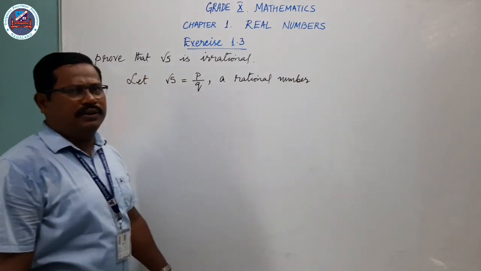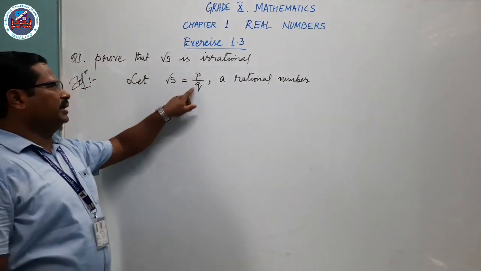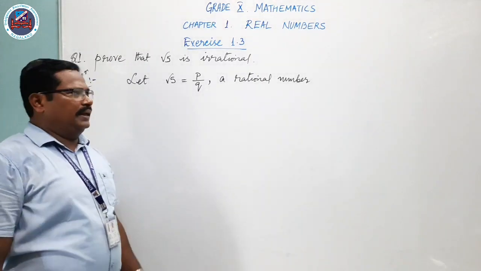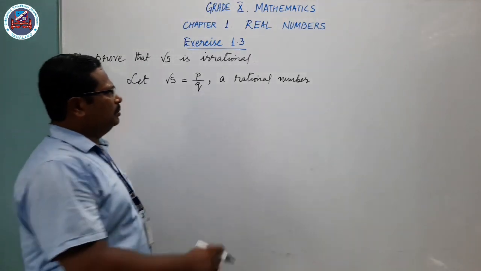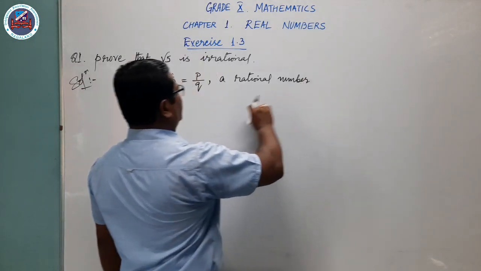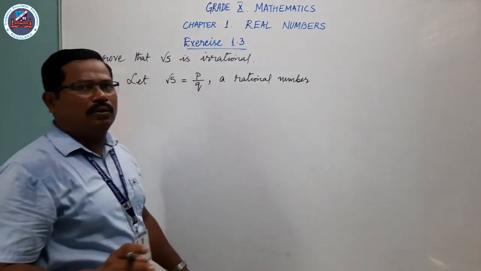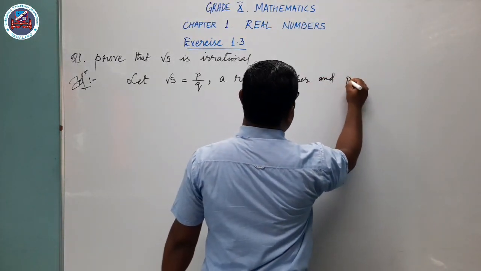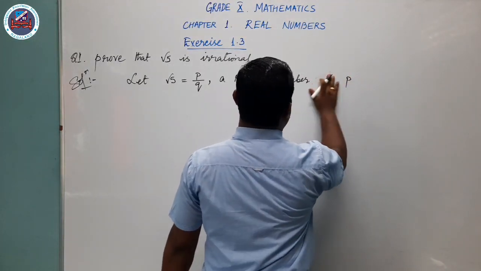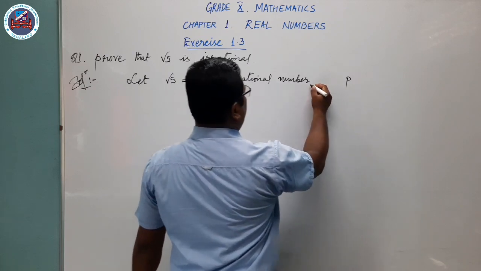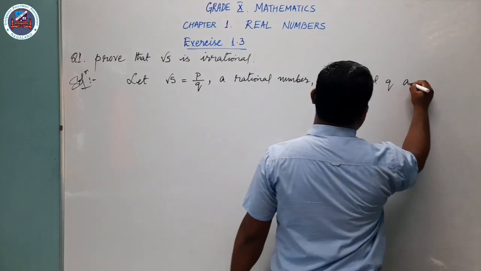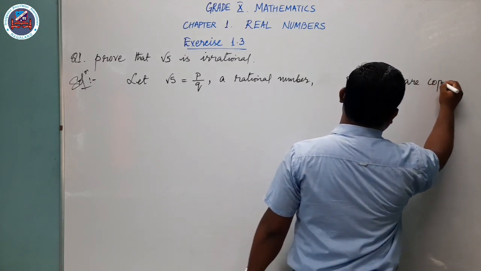The rational number definition you already know: P and Q both are integers, and Q must not be equal to 0. On top of that, one more thing you have to know, that P and Q are co-primes.